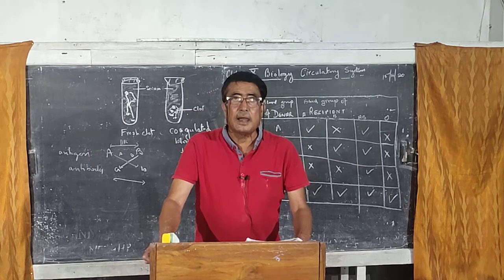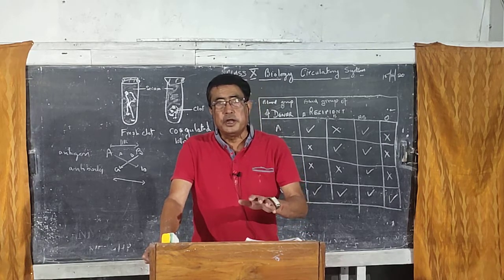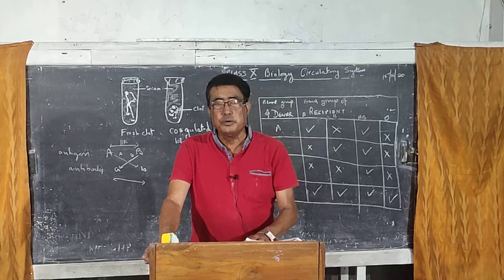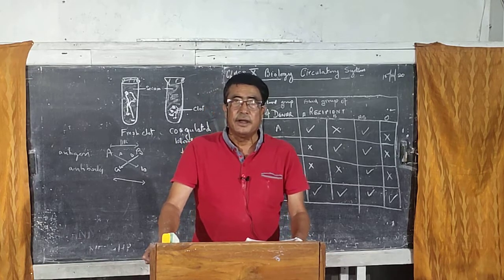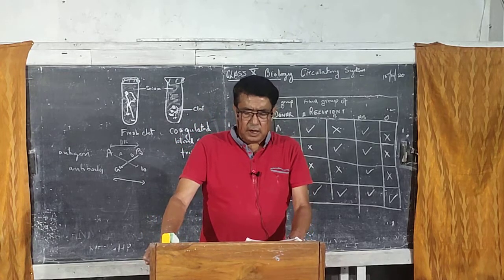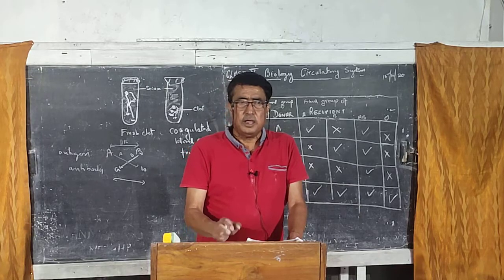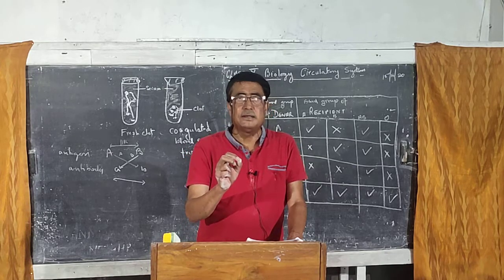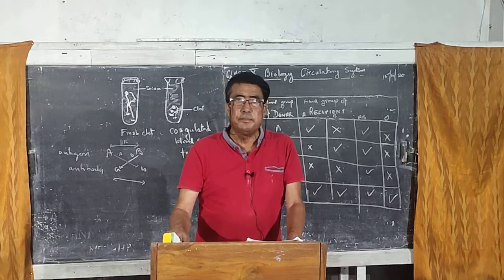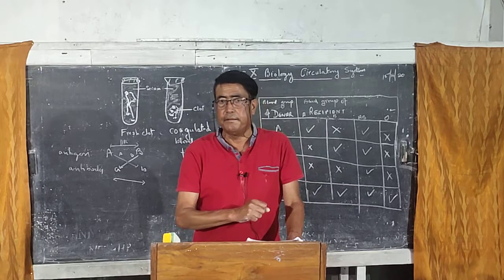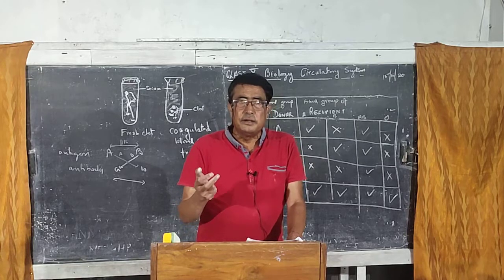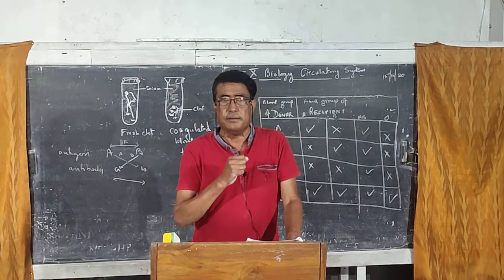A blood having this protein is called RH positive, and the one which does not have it is called RH negative. Now see, in blood transfusion, if the donor has RH positive factor and is donated to a recipient whose RH is negative, in this case, after the first transfusion, the recipient develops antibody.